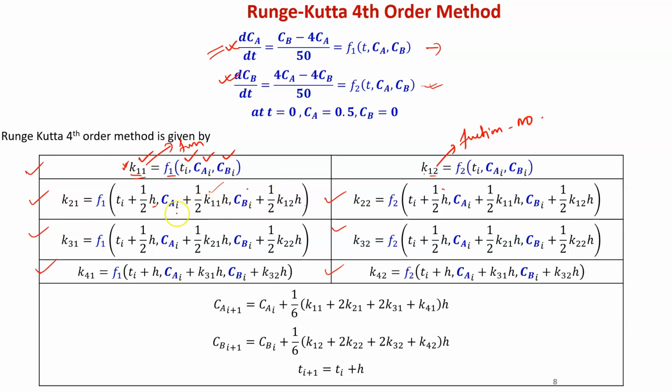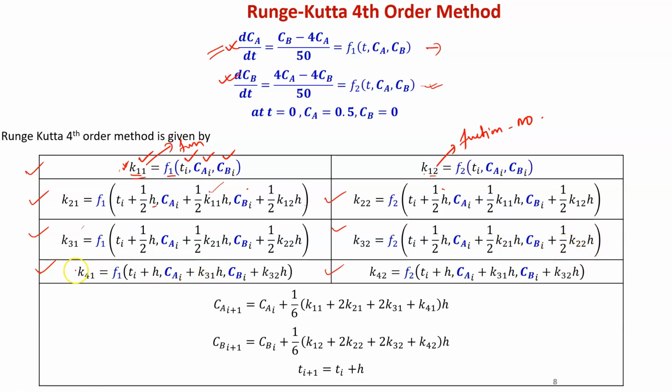For Ca we take the slope K11, so that is Cai plus half of K11 H. For Cv we take the slope K12, Cvi plus half K12 H. So K22 we can calculate as F2 of Ti plus half H, Cai plus half of K11 H, and Cvi plus half of K12 H. And K31 is F1 of Ti plus half of H, Cai plus half of K21 H and Cvi plus half of K22 H. And K32 is equal to F2 of Ti plus half of H, Cai plus half of K21 H and Cvi plus half of K22 into H.